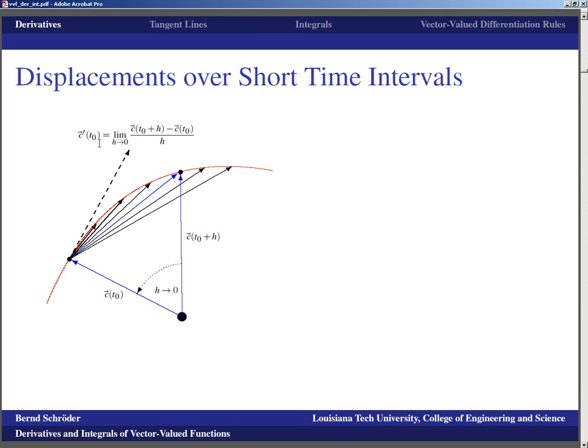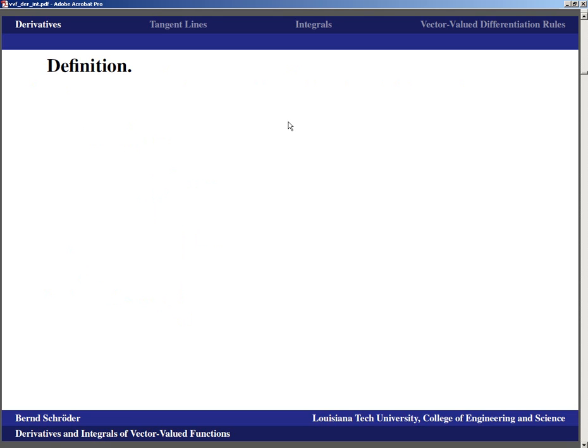And so the derivative vector ultimately ought to be the limit as h goes to 0 of c of t0 plus h minus c of t0, divided by h. So it's exactly the same definition as in single variable calculus, only that we are now using vector-valued concepts, namely vector subtraction, division by a scalar, and limits of vector-valued functions.